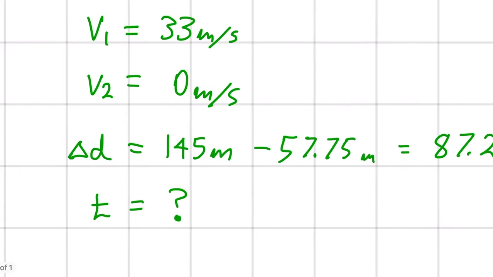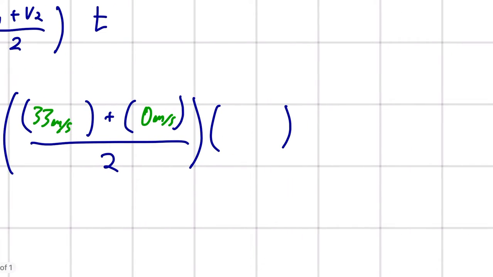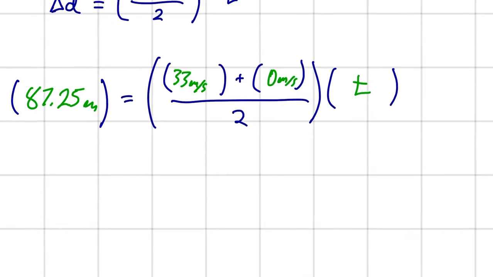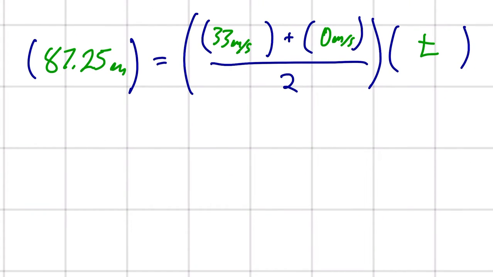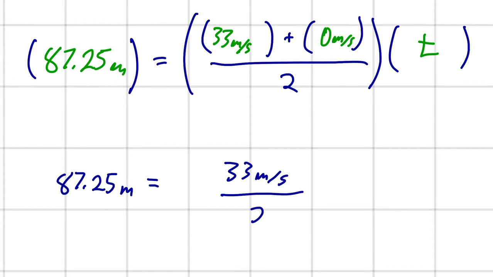Our variable for time we don't know, so we're going to leave that as a t. I'm going to rewrite this equation a little simplified. 33 meters per second divided by 2 times t.